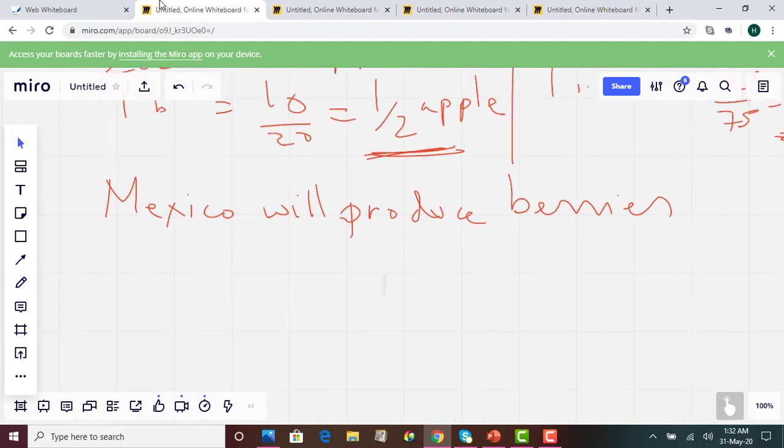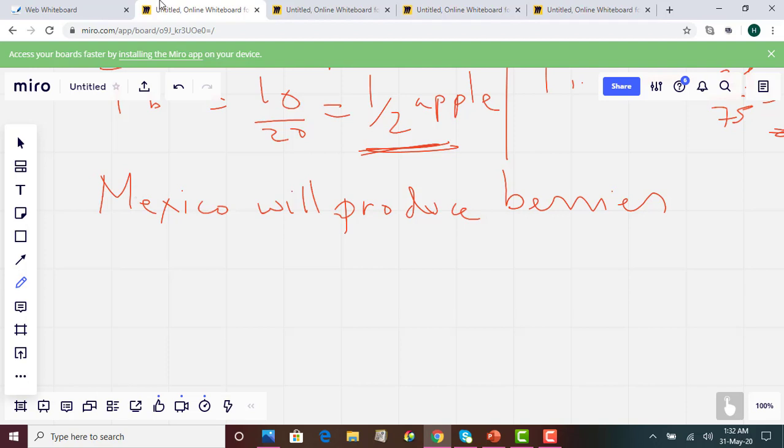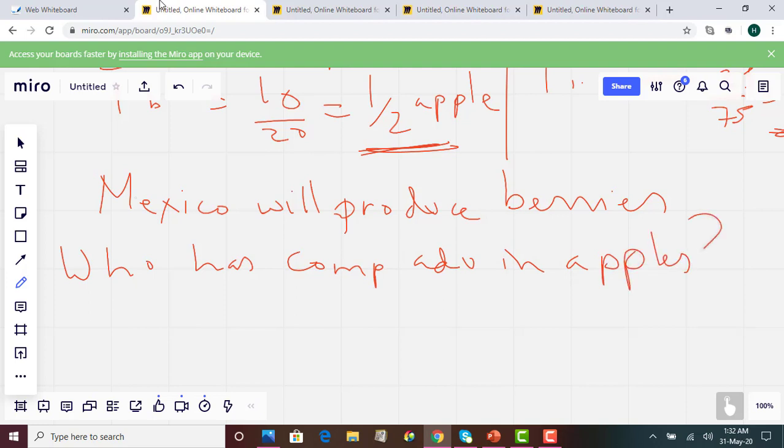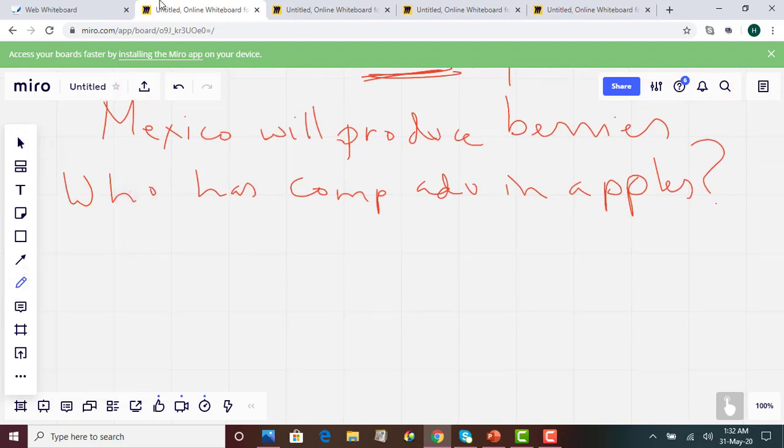Okay, same way, if I ask you who has comparative advantage in apples, now we are going to look at the opposite side. Again, we look into US, we look into Mexico, and we find out the opportunity cost for each country.